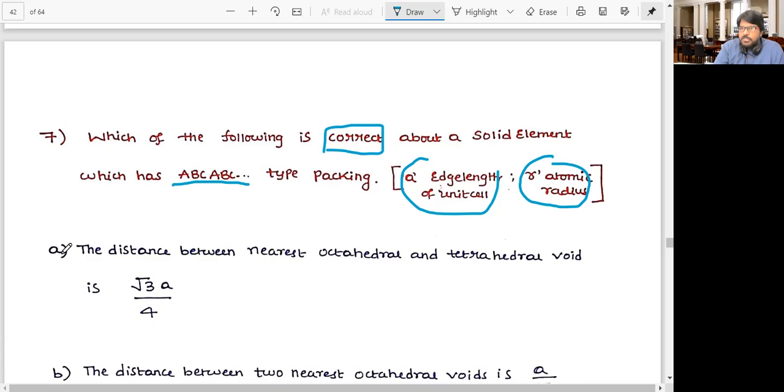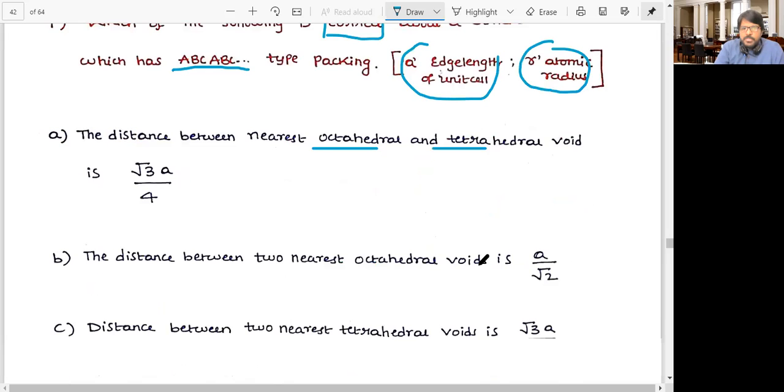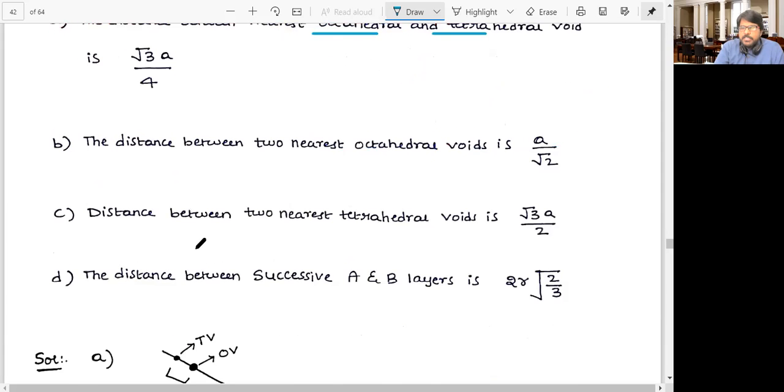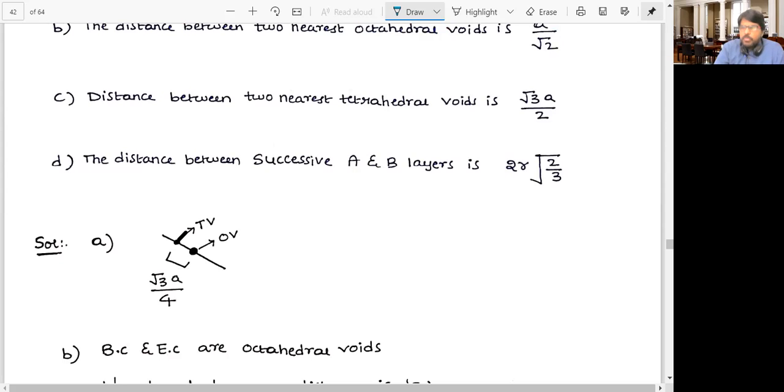First, let us check option A. And very clear, he's talking about a CCP unit cell, ABC. Distance between nearest octahedral and tetrahedral void. See, the octahedral void is the body center. Tetrahedral void here, on the body diagonal. So 1/4 of the body diagonal. In the previous video, we already solved this question.